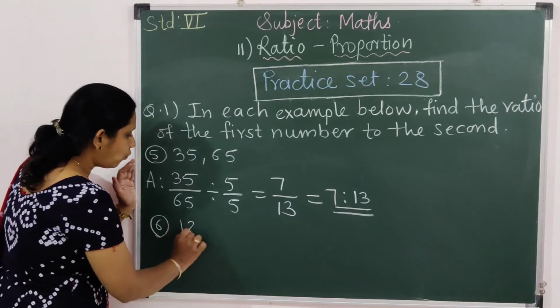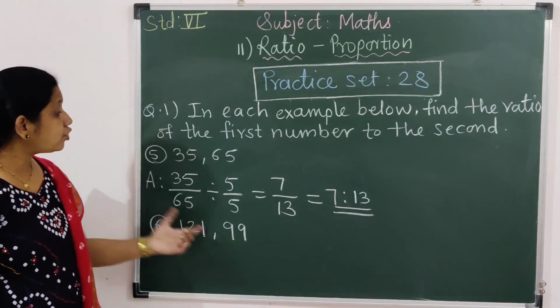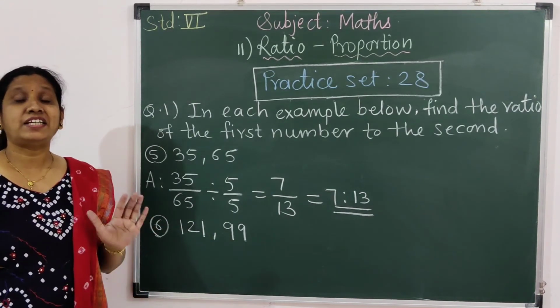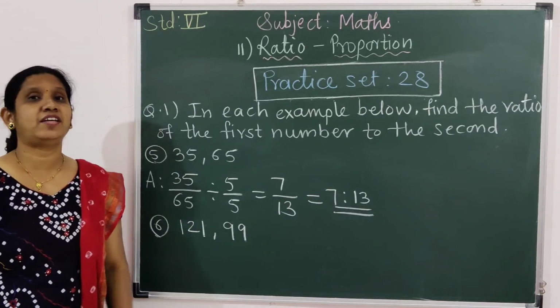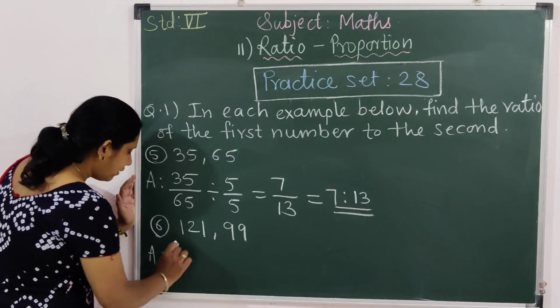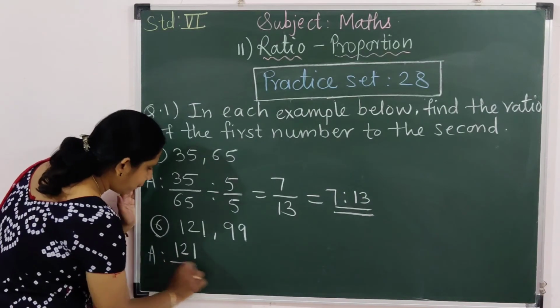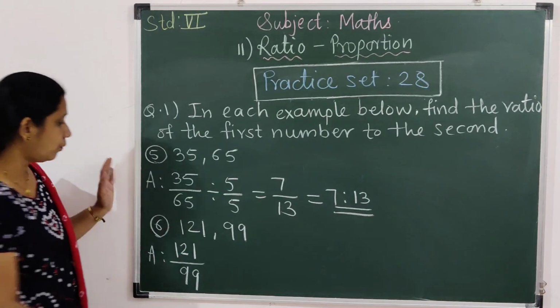Let's see example number 6. Numbers are 121 and 99. Children, these both the numbers are present only in the table of 11, or both the numbers are divisible by only 11. So 121 upon 99. 121 is square of 11.